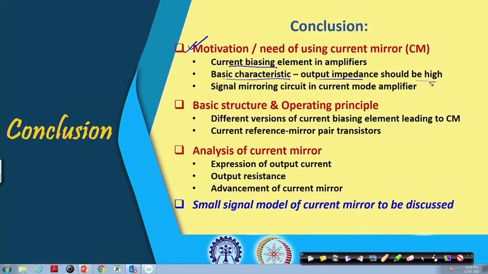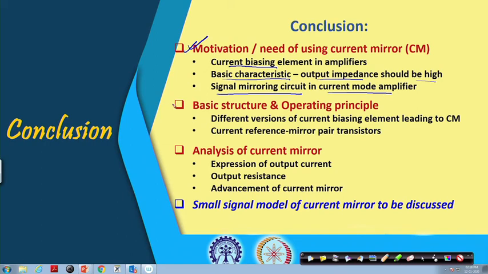In addition, the current mirror also works as a signal mirroring circuit. Later we will talk about how it does that, but just to give a hint, it also has good application in current mode amplifiers to mirror signals. Not only mirroring the signal, it also helps to amplify current mode signals.